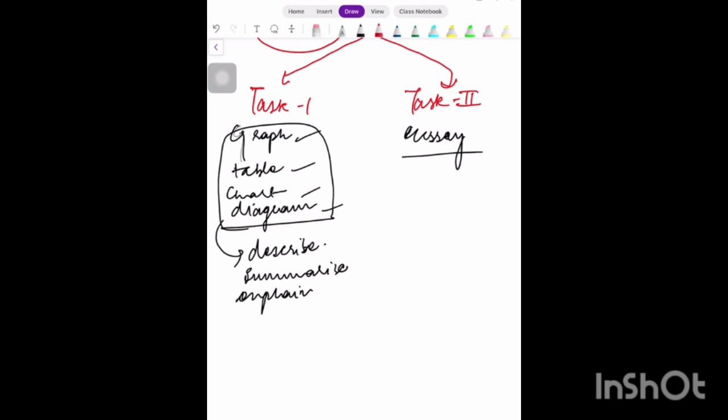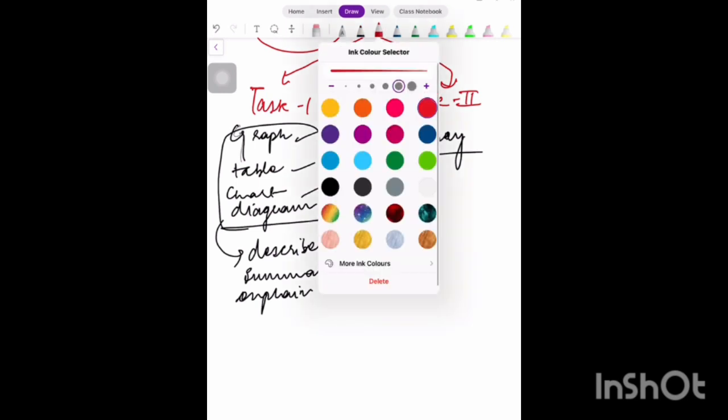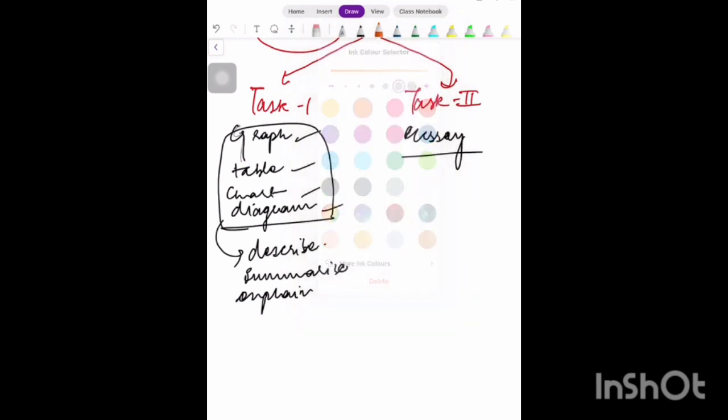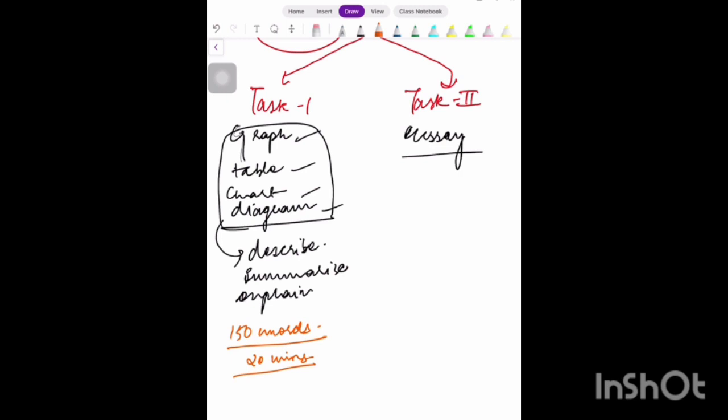In task 1 you'll have to write not less than 150 words, and you'll be allotted a total of 20 minutes. In the essay you'll have to write not less than 250 words, and for that you'll be given 40 minutes.